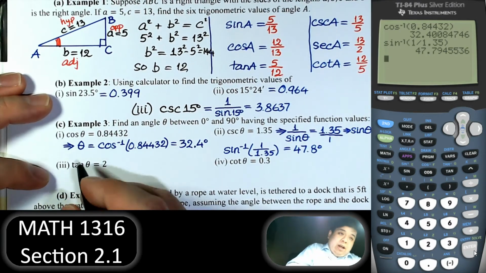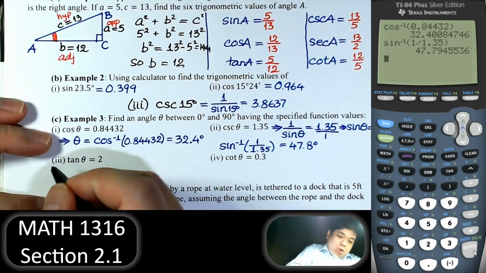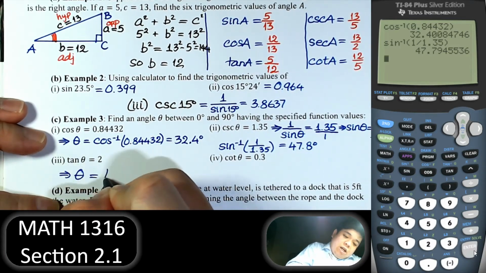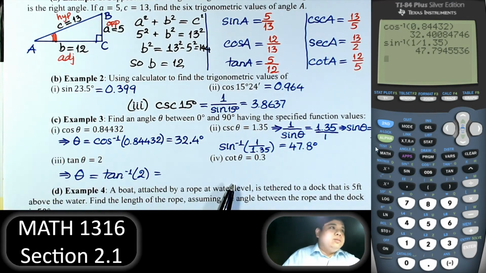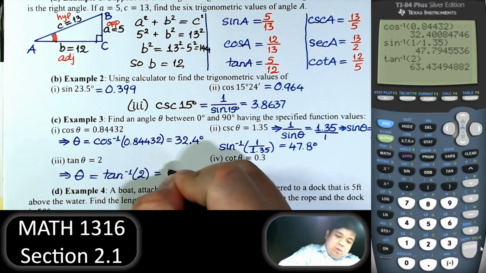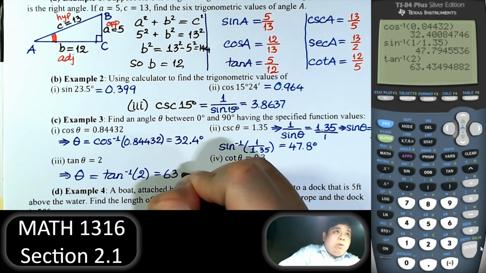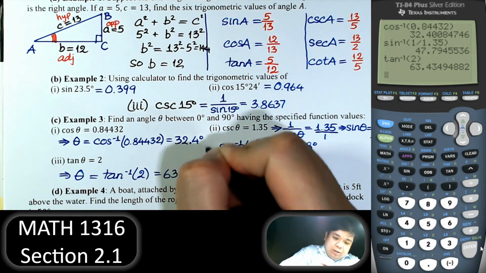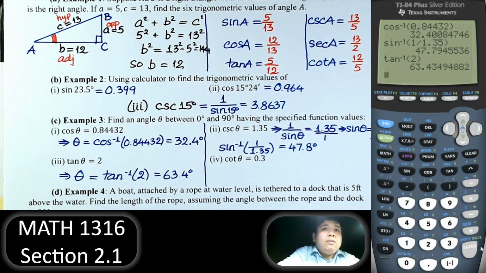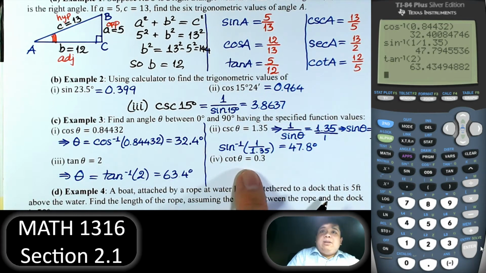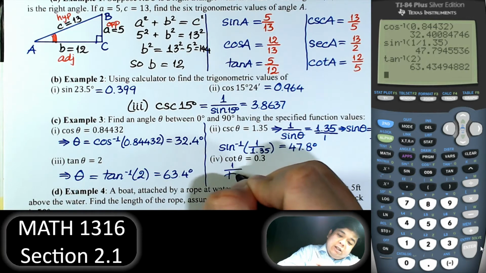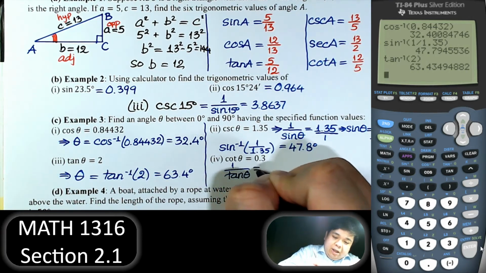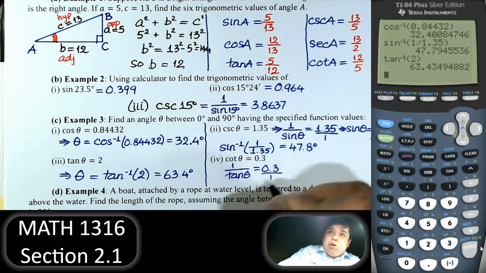So tangent of theta equals 2. The calculator has inverse of tangent, so yes, that's good. So we just say theta equal to tangent inverse of 2, which is 63.4 degrees. Cotangent, we don't have cotangent in a calculator, but we have the reciprocal of that. So 1 over tangent is 0.3, or 0.3 over 1.